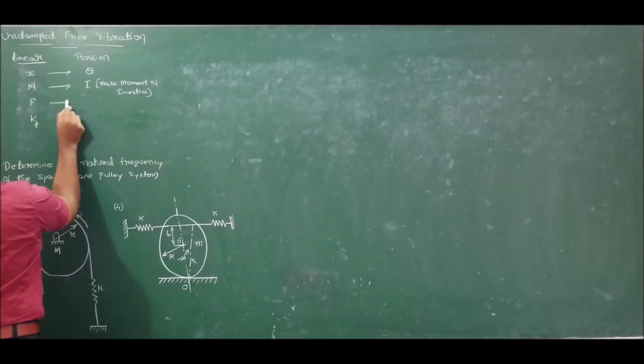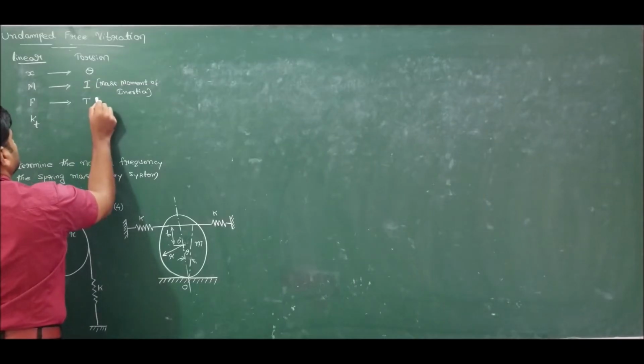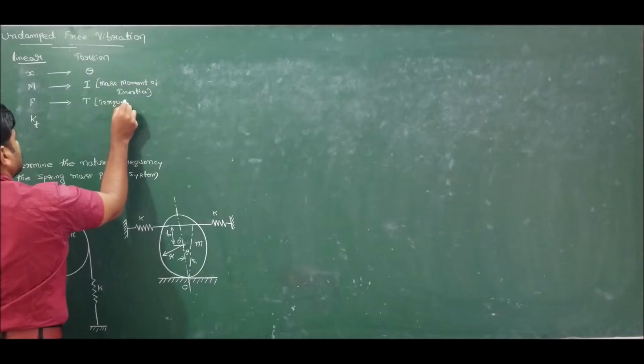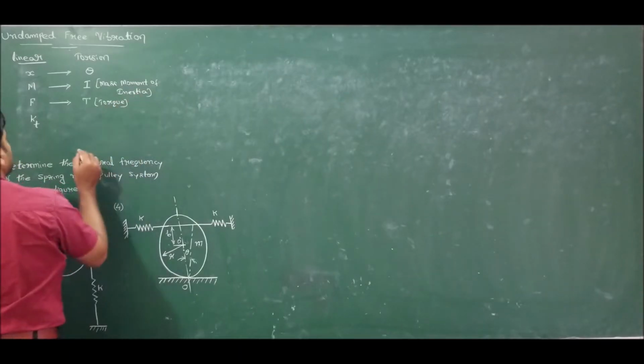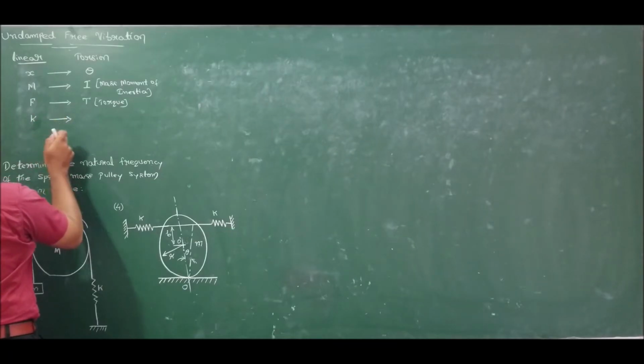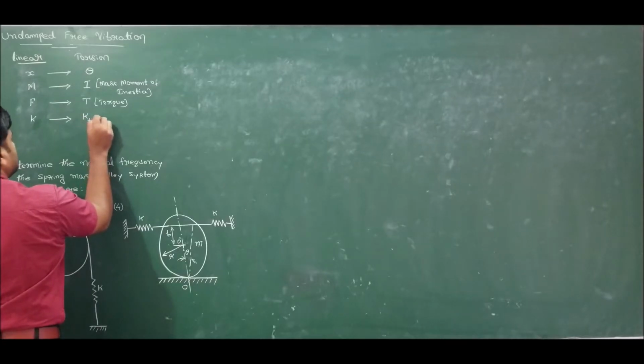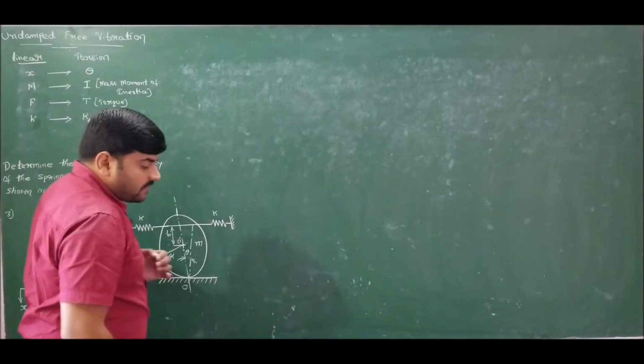If we use force in linear systems, we should use torque in torsional systems, that is Newton meters. Whereas if I use stiffness K in linear systems, I should use torsional stiffness KT. What is the definition of stiffness?